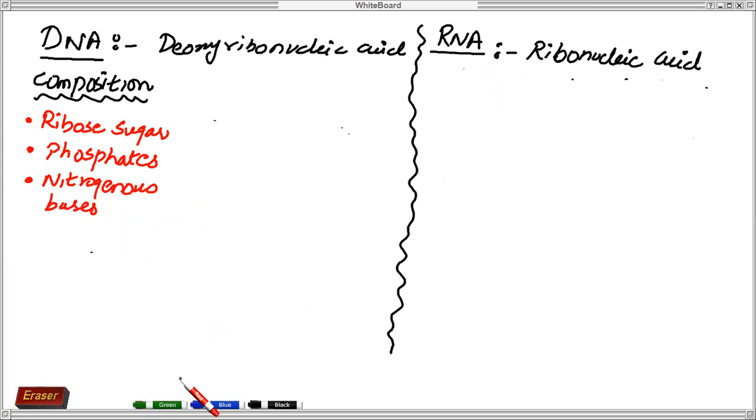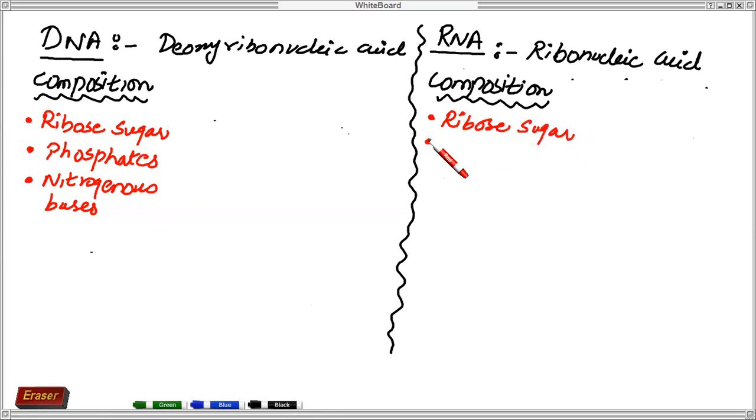Same as with the composition of RNA, but there is a slight difference between them. Ribose sugar, phosphates, nitrogenous bases.